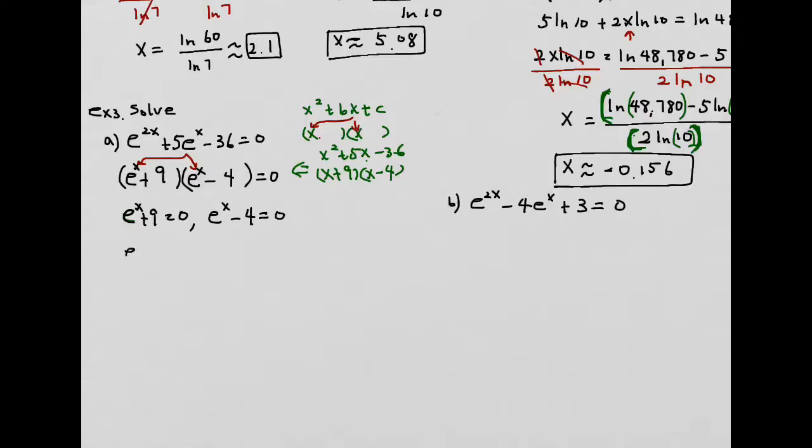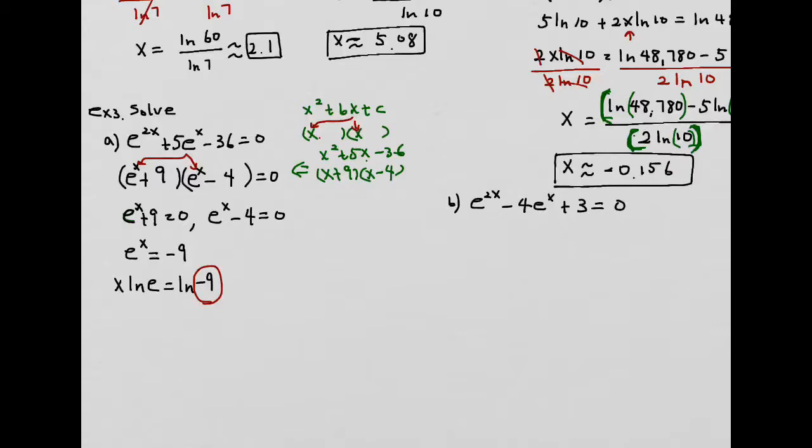And solve for each factor. So subtract 9 and multiply both sides by natural logarithm. And then you solve. But this one, we cannot solve any further. Why? Because you have a negative in the logarithm's argument.